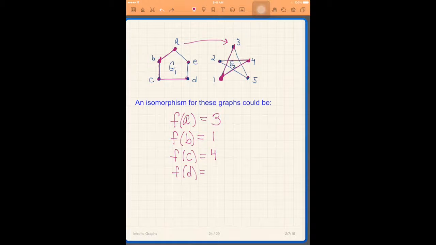So it's 4 to 2. And then what should E be mapped to? Okay, so from D to E. So that means that I need to now go from 2 to what it's connected to, which is 5. So that's one isomorphism that we can have that would make this graph look the same if we were to match these up.